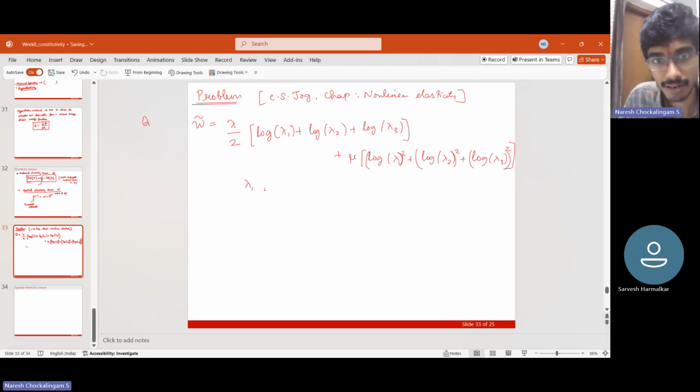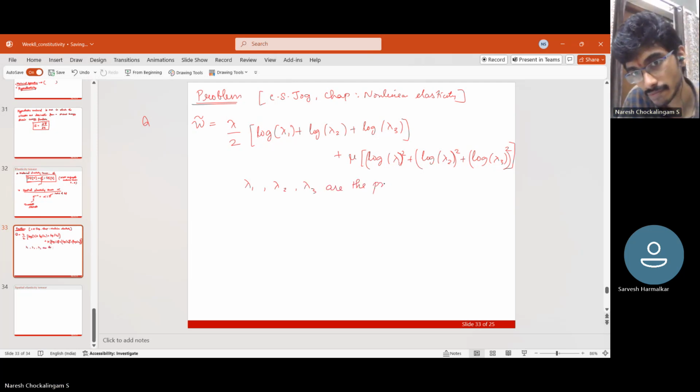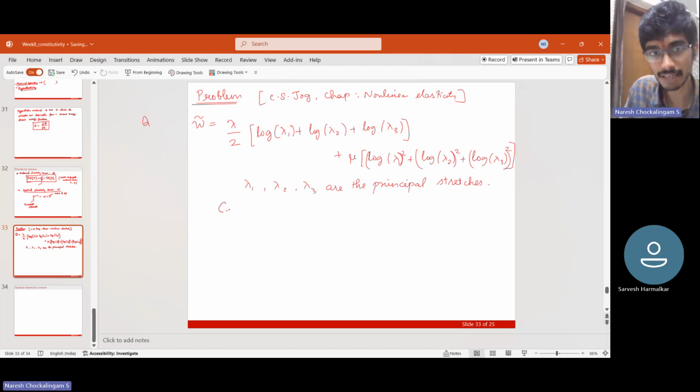So here lambda 1, lambda 2, lambda 3 are the principal stretches. Principal stretches, as you know, are the eigenvalues of U or of the square root of C. Both of them have the same eigenvalues.